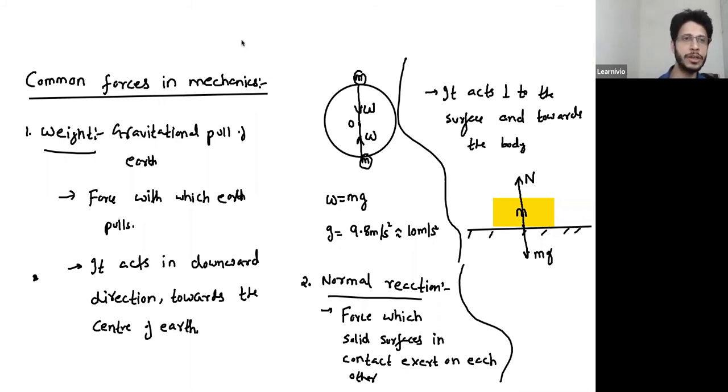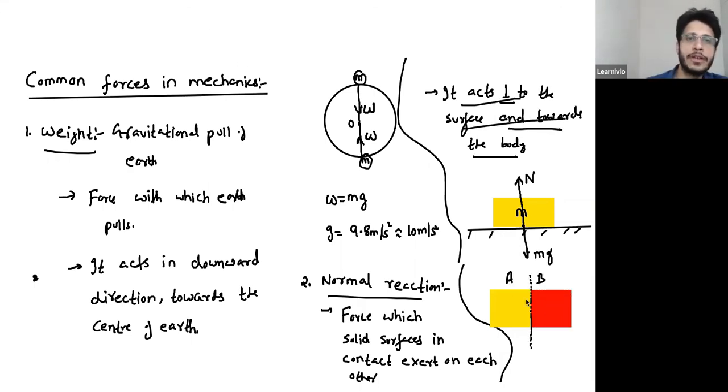Instead of this body, if you have two surfaces placed in this way, I place these two surfaces in contact. Normal reaction always acts perpendicular to the surface and towards the body. This is the normal reaction on the body.